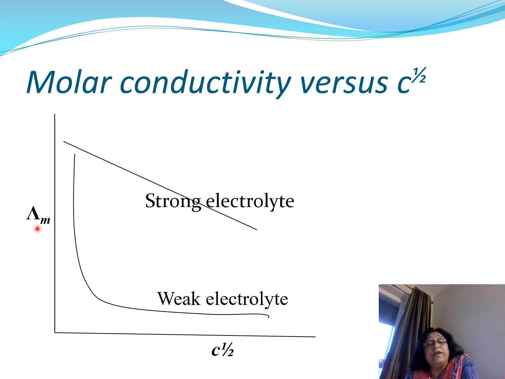But you are not able to find out the molar conductivity at infinite dilution with the help of this graph, because after a certain point, this graph becomes parallel. Therefore the molar conductivity at infinite dilution cannot be calculated for weak electrolytes from this graph.